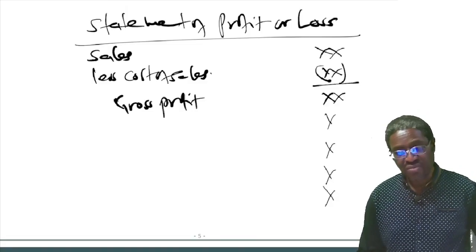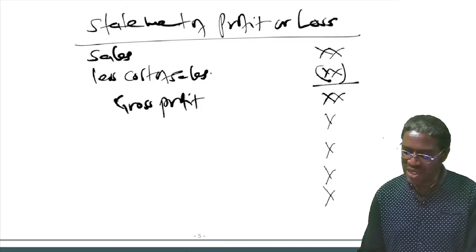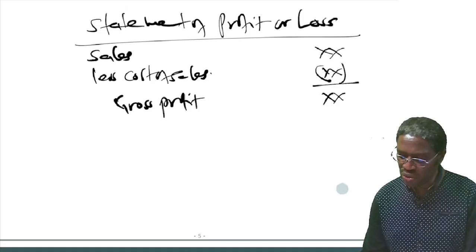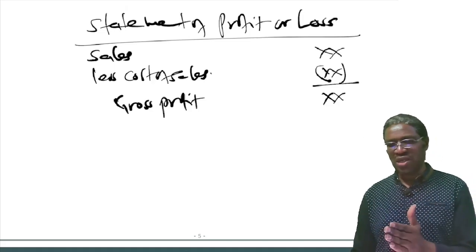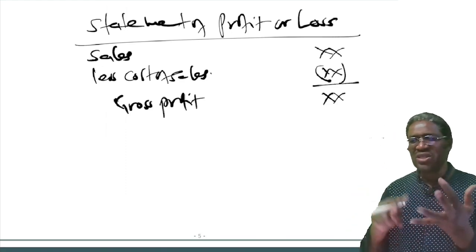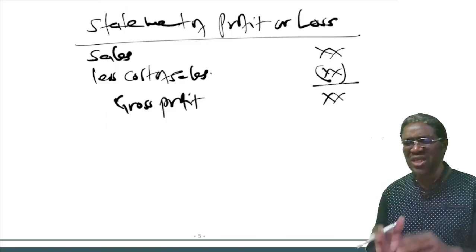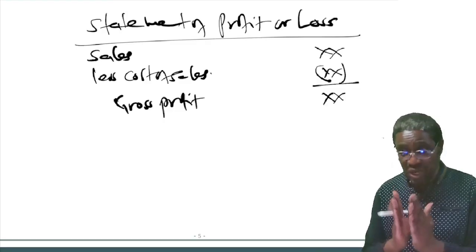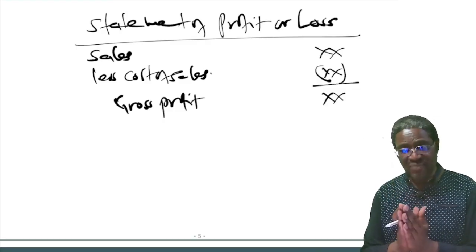Now listen, for publication purposes, we are not required to show the expenses individually. In other words, don't come and say electricity, water, depreciation, telephone, postage, stationery, and so on. Don't list the expenses individually.